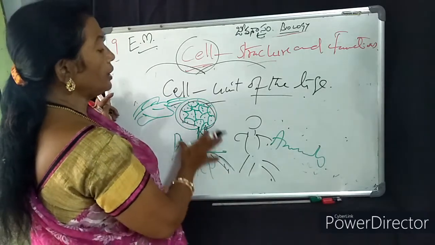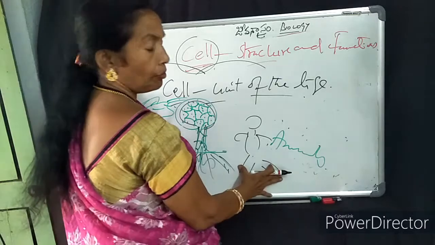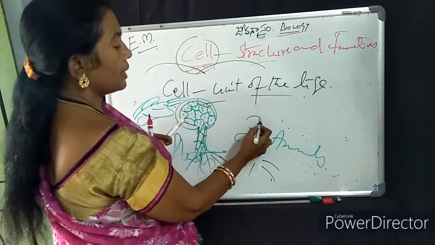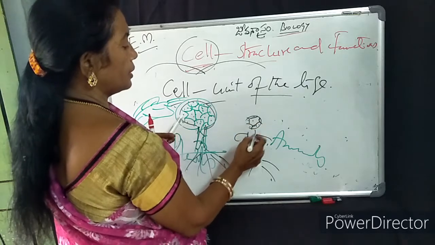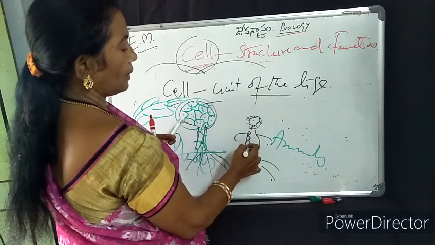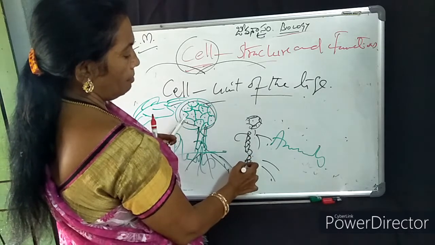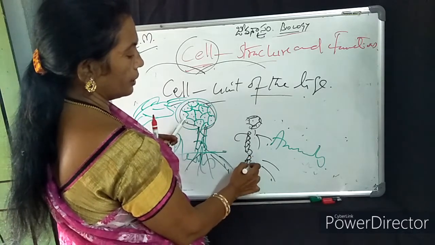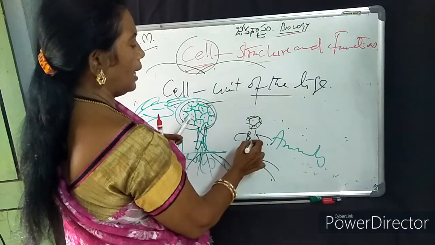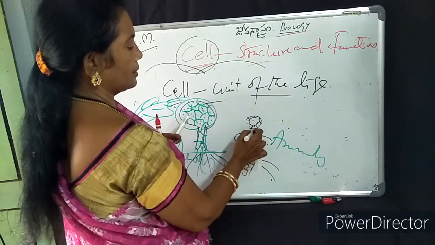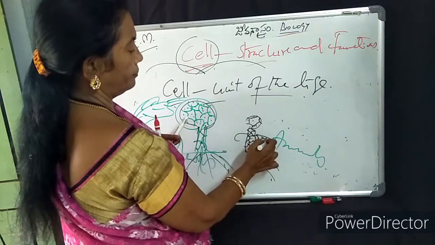So everywhere in the plant body, everywhere in the animal body, we find cells only. Our bodies, animal bodies and plant bodies are filled with these small cells.